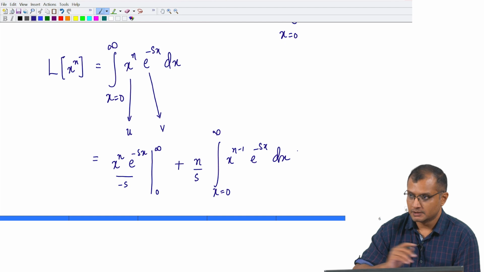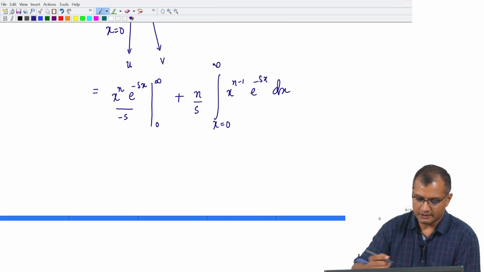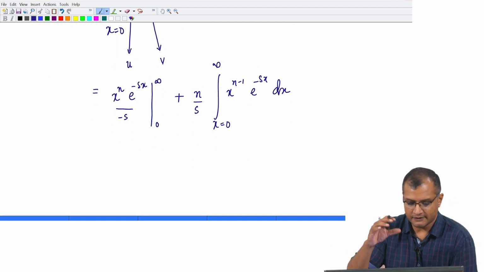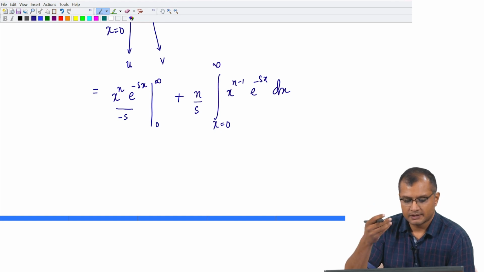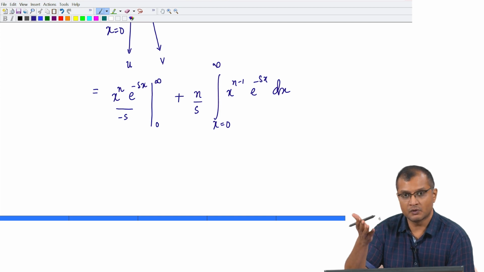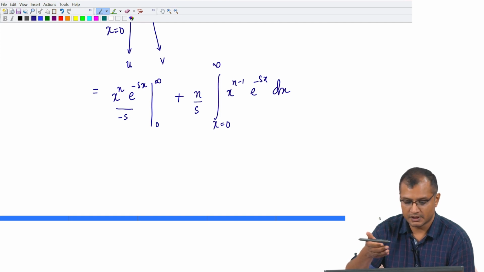Okay. Now, look at the first term. At x equals infinity, e raised to minus s x will go to 0. Of course, x raised to n will go to infinity, but you can easily show by L'Hopital's rule that x raised to n e raised to minus s x will go to 0.